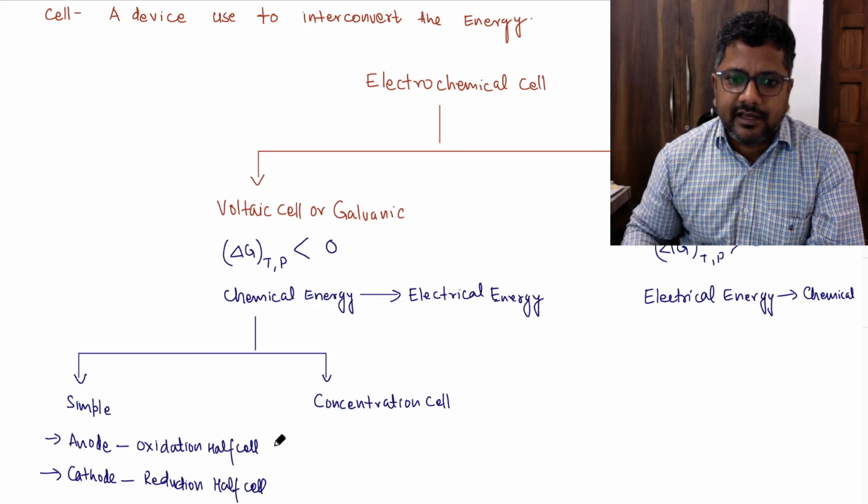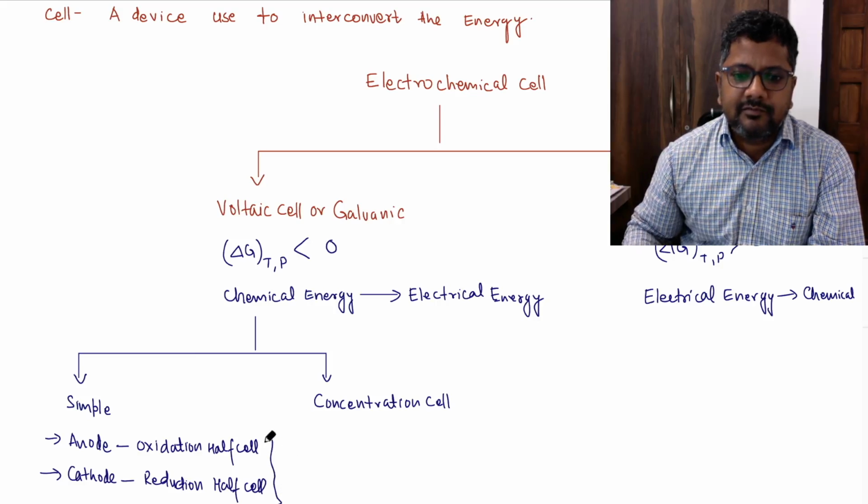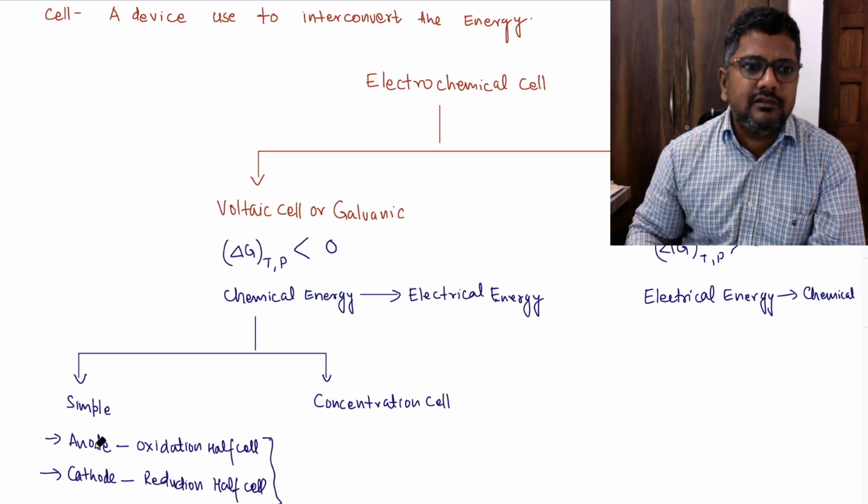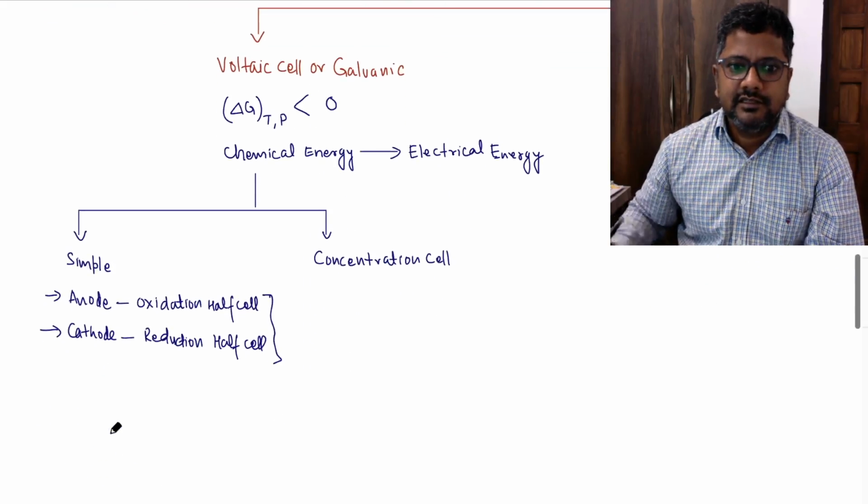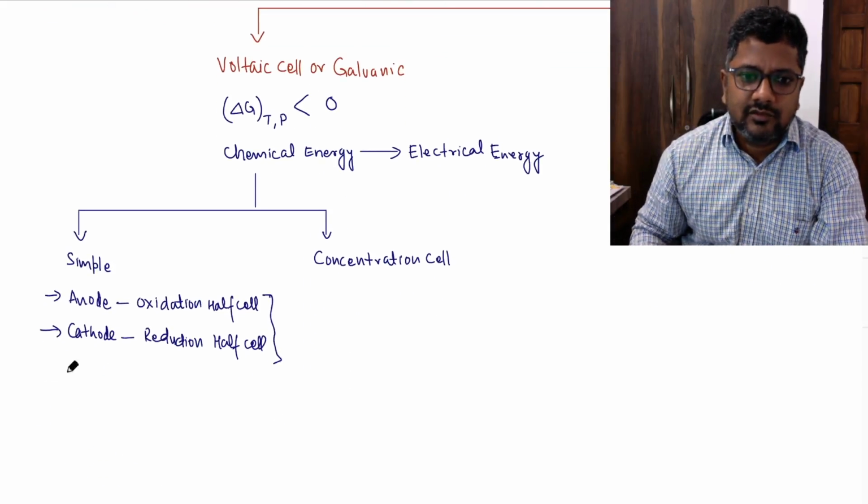If anode and cathode are made up of different material, then this is called a simple voltaic cell, right?